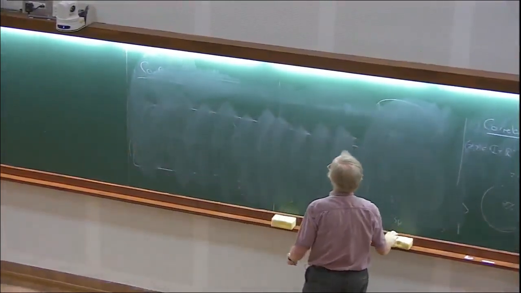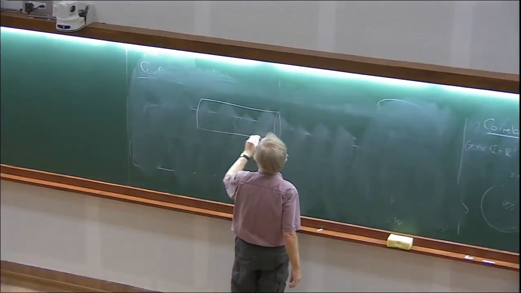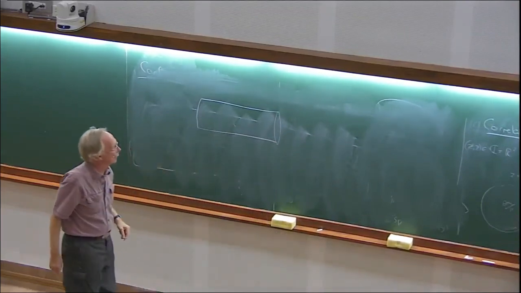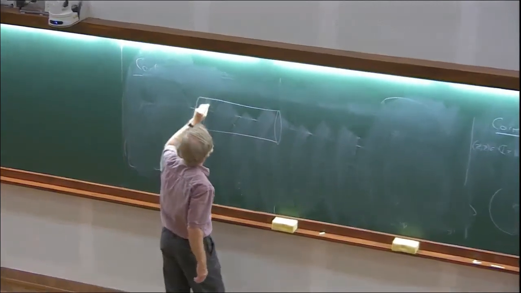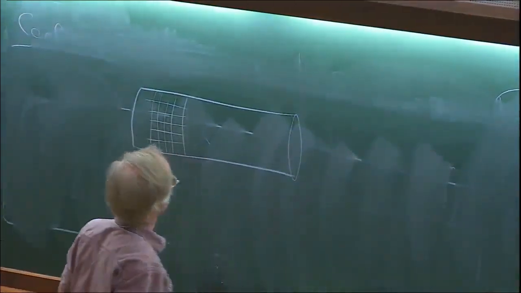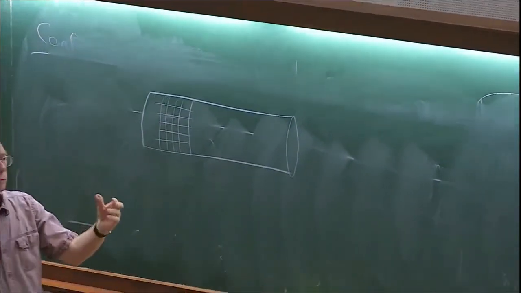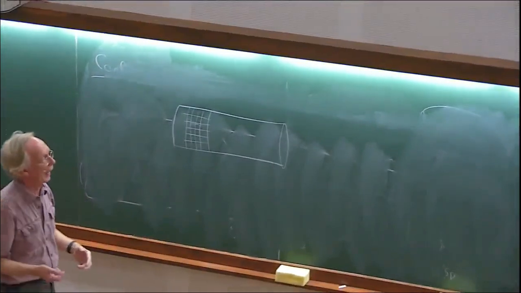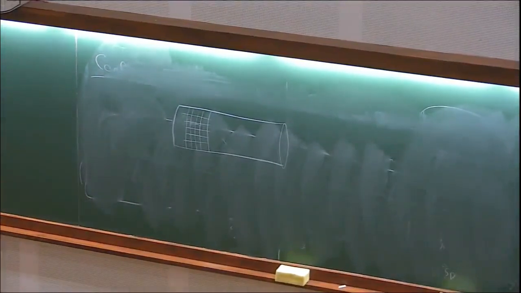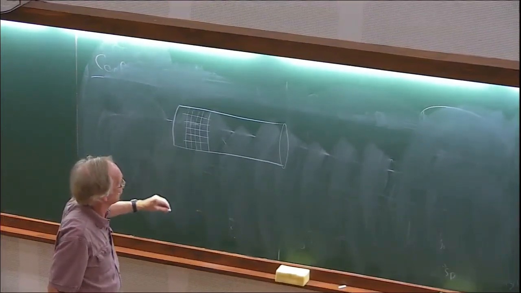So let's suppose we now have our cylinder, try to draw it. And we now put our lattice on there again. So here's our lattice. So here's our Ising model, but now defined on the cylinder. And notice I draw the square lattice on the cylinder. I don't draw the conformally transformed lattice. That wouldn't be doing anything. But I'm doing something by looking at the square lattice on the cylinder.